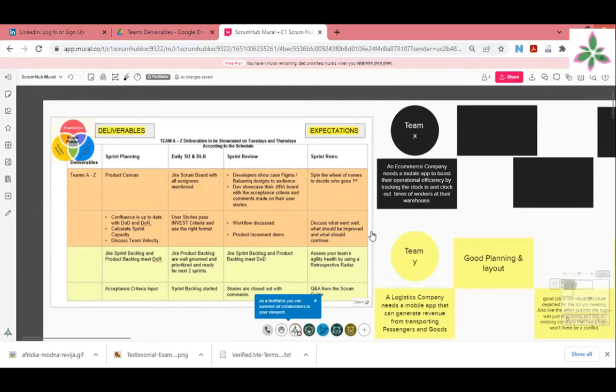So the product canvas, all these deliverables, the persona mapping, all those things are the responsibility of the PO. However, the designs, the preliminary designs, anything design has to do with the developers. Now, the PO ideally should not do those things alone, right? But in terms of being accountable, he's the one accountable for it.